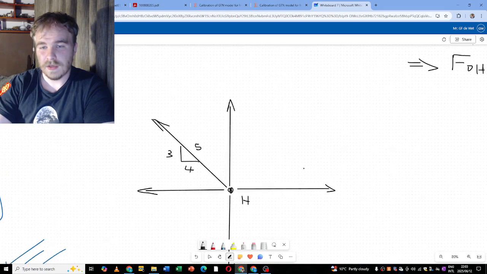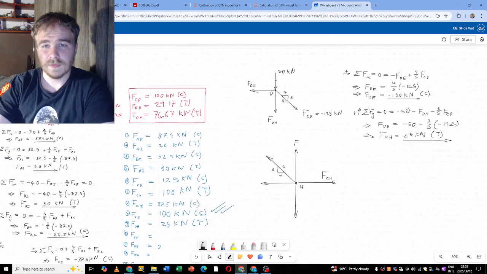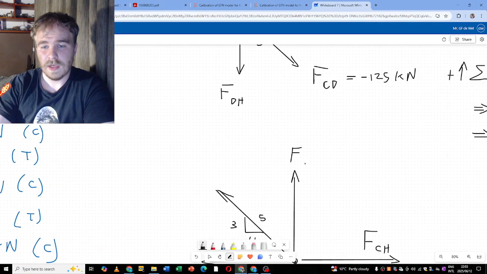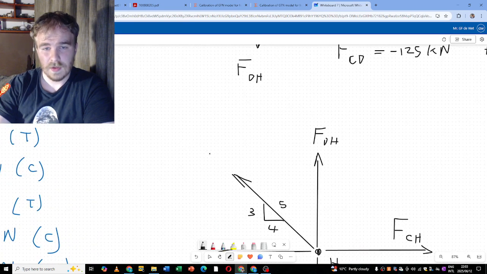I'm thinking this force should be FCH. This one should be FDH. I think this is then FEH.